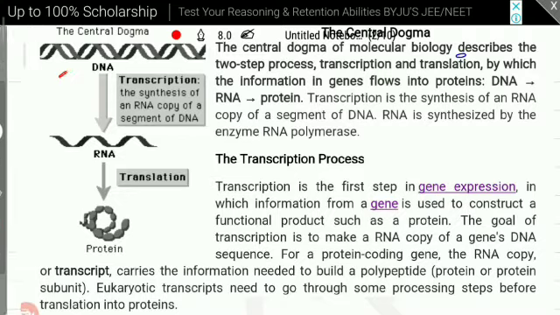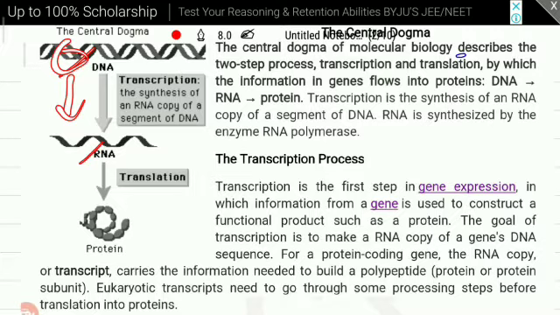Just consider this is DNA, and somewhere in the DNA it contains some genes, and these genes are transcribed to form what is called RNA. This process is called what? Transcription. Then this RNA's information is transferred to form what is called the protein. In this process, the information in the genes is passed down to form proteins. This is called gene expression.